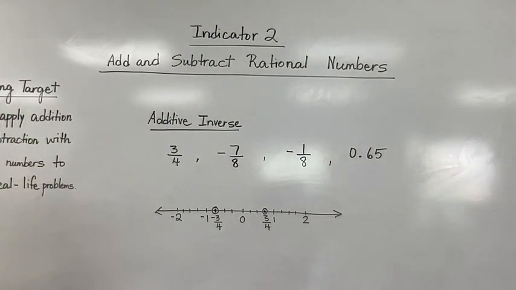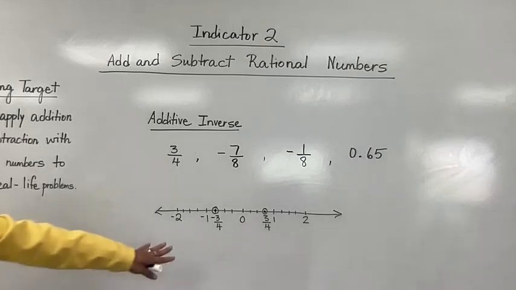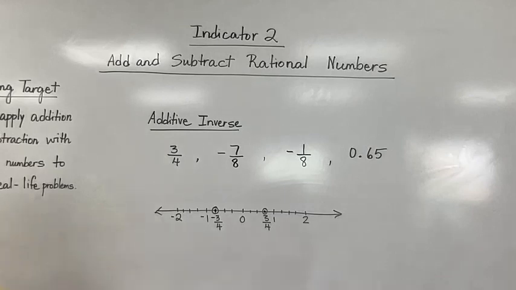So two rational numbers are opposites, just like I've shown you over here, 3/4 and -3/4. So two rational numbers are opposites if they are represented on a number line by points that are the same distance but on opposite sides from zero.